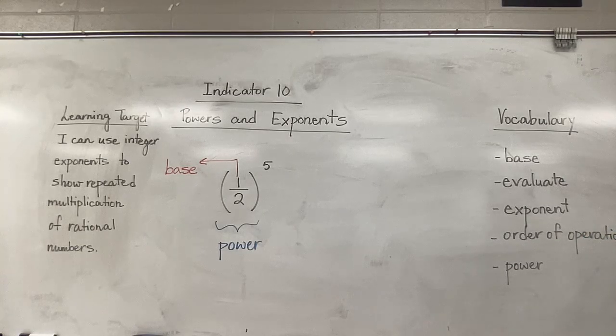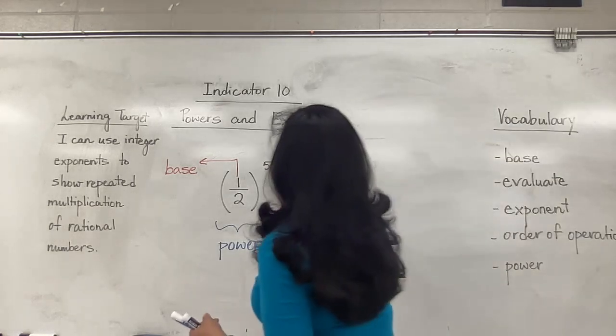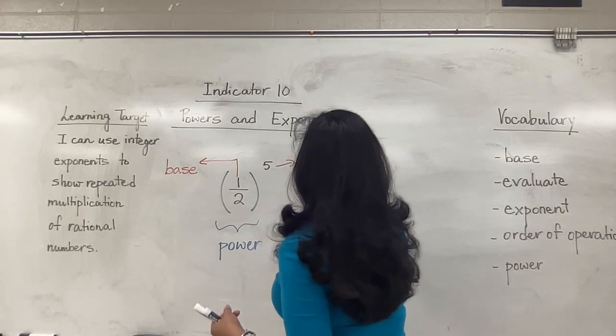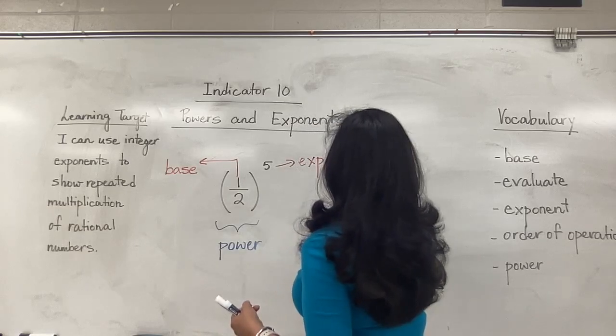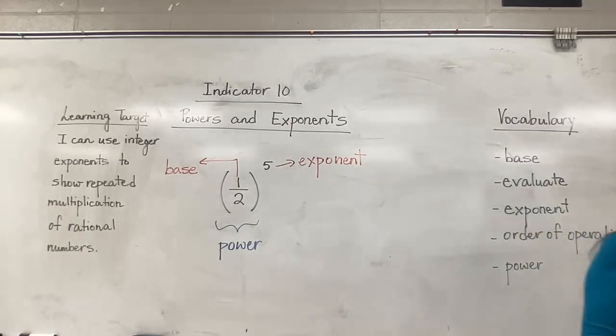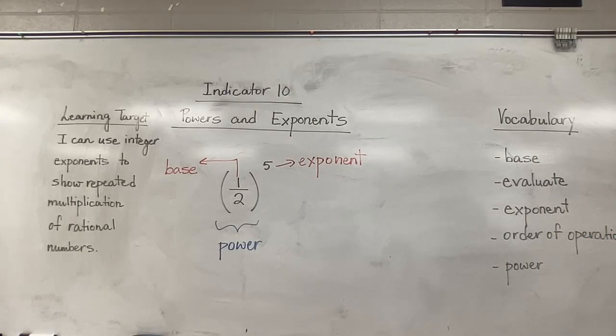This indicates the number of times the base is used as a factor. So this is the exponent, because this is telling us the number of times the base is used as a factor.